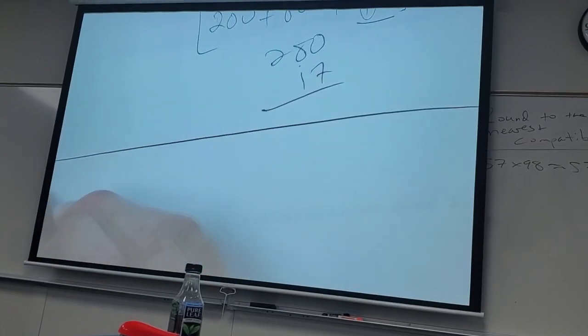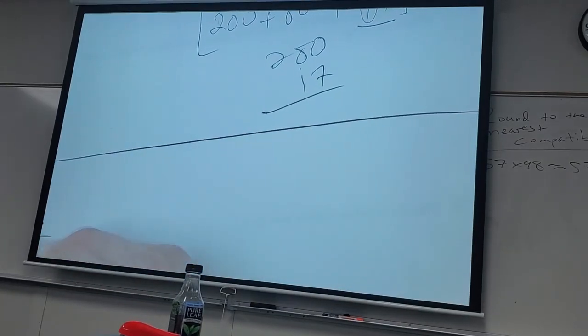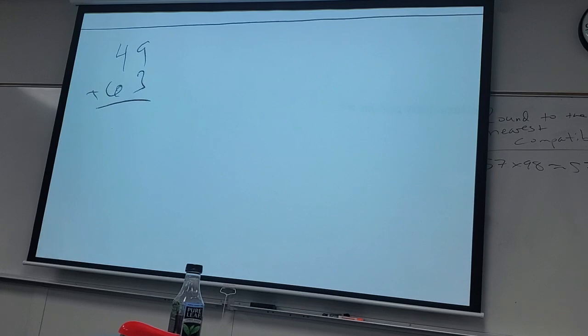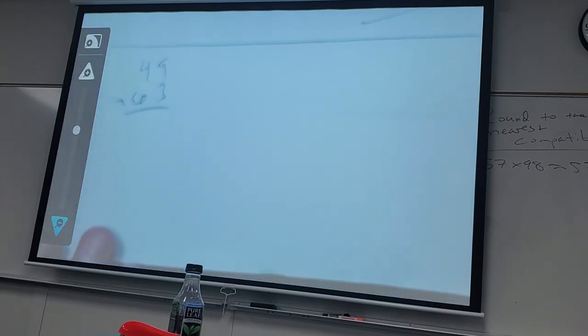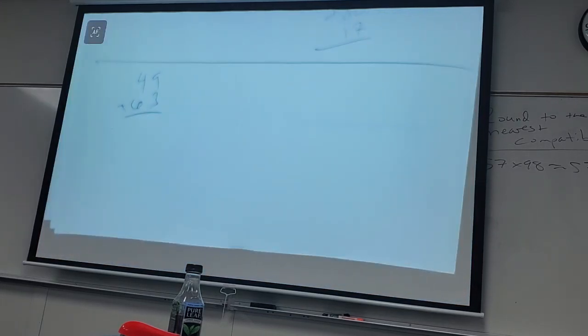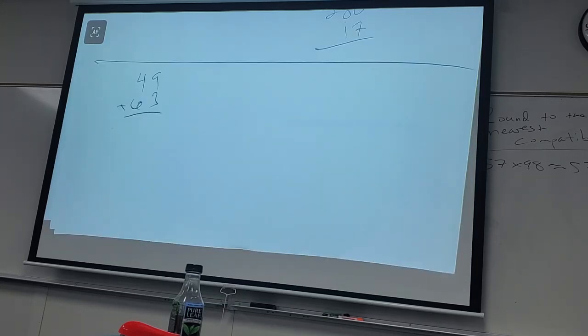What about 49 plus 63? Take a minute, just try to do the whole thing just with pictures, just with the flats and longs and so forth.